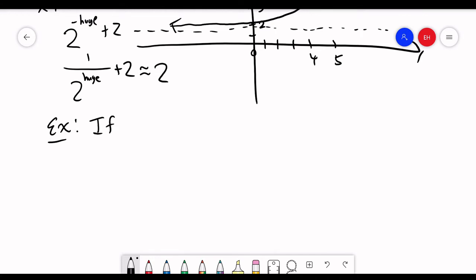All right, so let's look at some applications of exponential functions. One of them has to do with investing money.